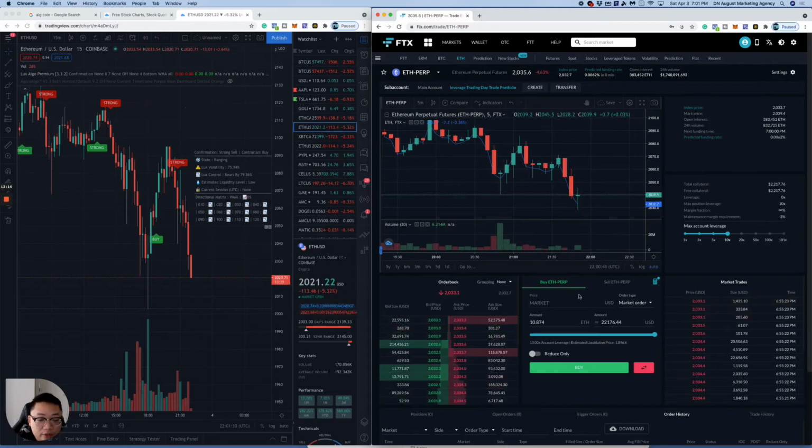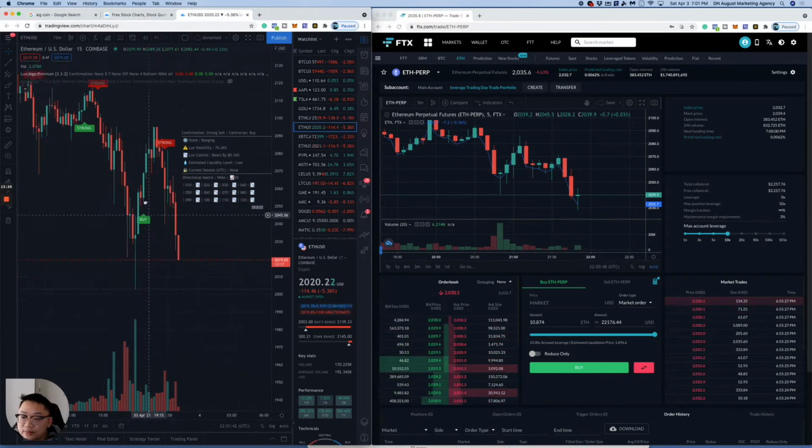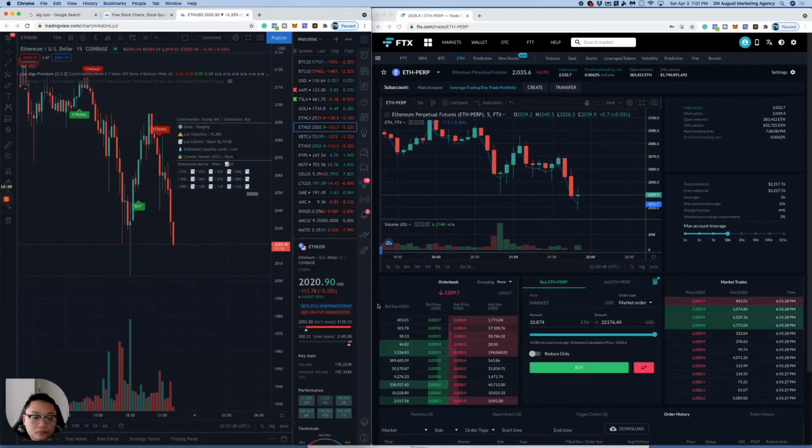Now these are real-time trades you're seeing right here. So this is a significant dip here. See the difference? Still 2039 here.